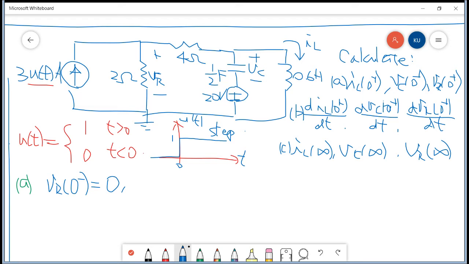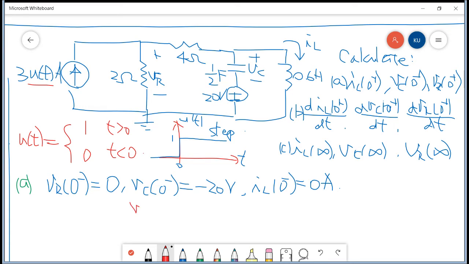And VC 0 minus will be, this is 0 volt, this is 20 volt, so VC is minus 20 volt. And IL 0 minus will be 0A. So in this case, we can write that VC 0 plus is minus 20 volt.